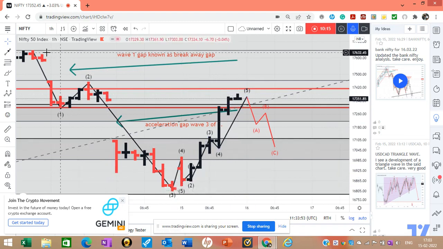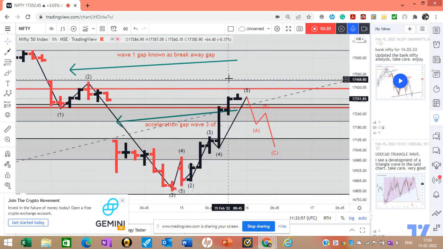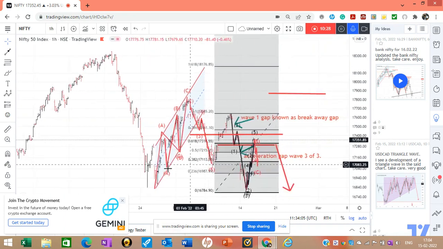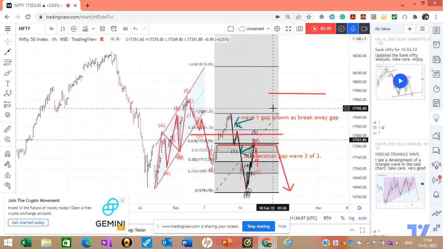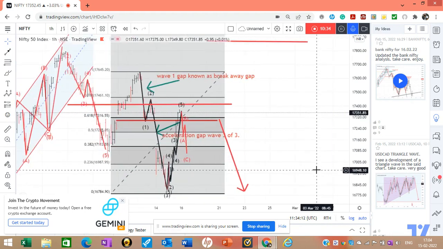I see that all five waves are over by here, and this is an independent five wave move up, probably part of wave 1. One, two, and this is a new wave, something like that.